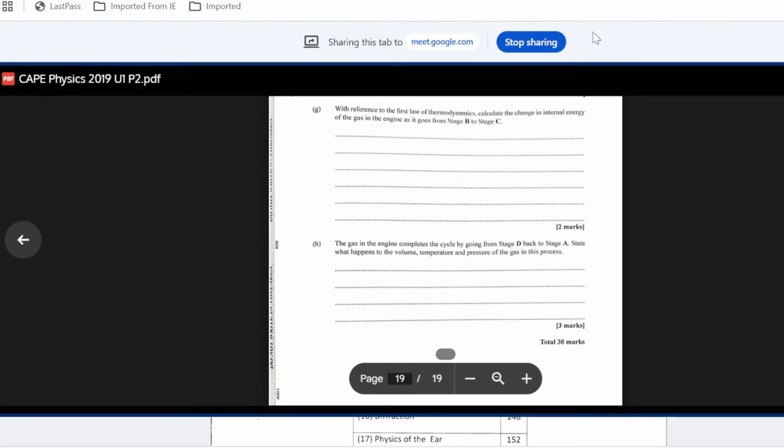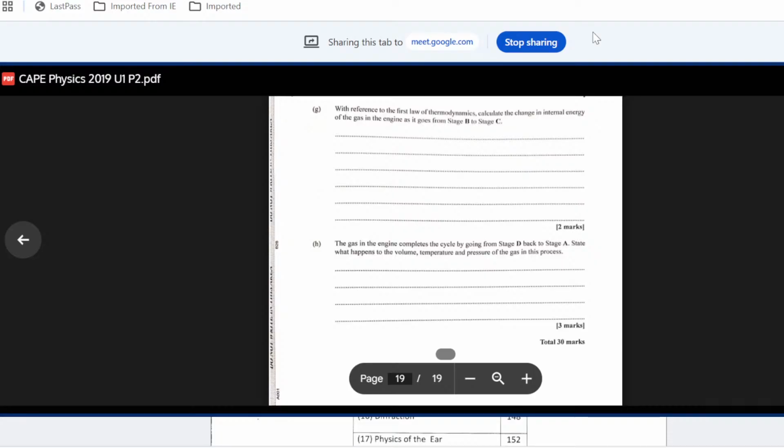And the temp, what happened to the temp? Wouldn't the temperature also decrease? Decrease.